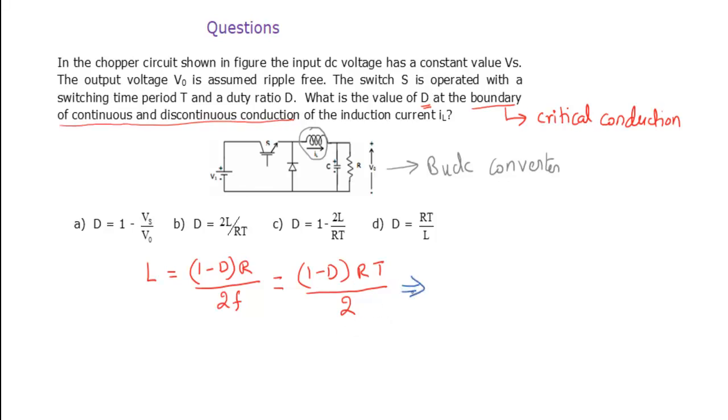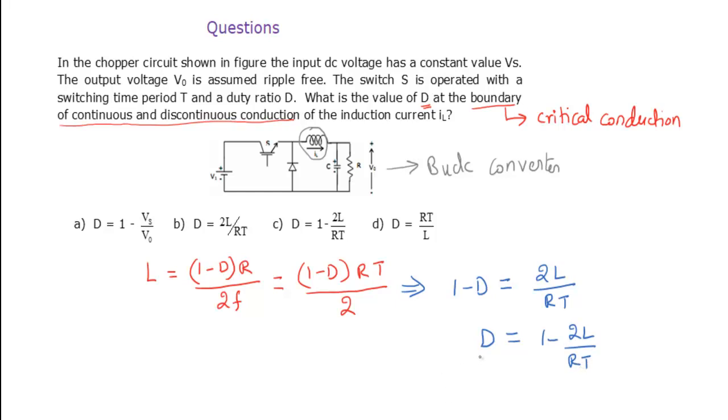So 1 minus D is equal to 2L divided by RT. So the critical duty ratio is nothing but 1 minus 2L by RT. Okay, this is the one.